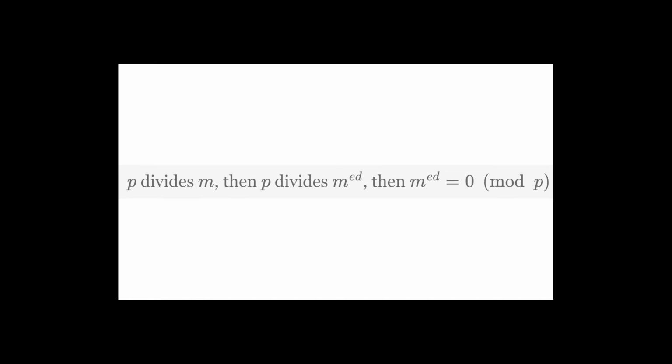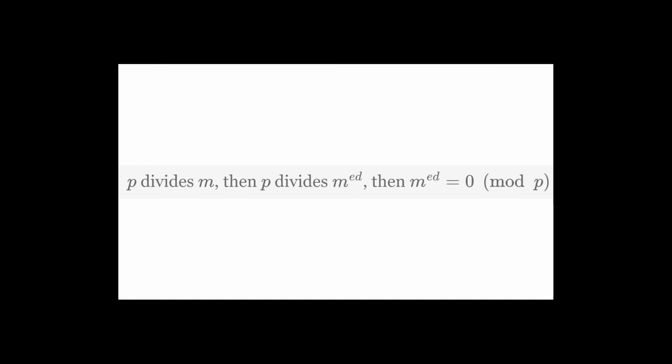Therefore, since p divides m, p divides any multiple of m. So p also divides m power ed. Therefore, m power ed is also equal to 0 modulo p. So that's the easy case.